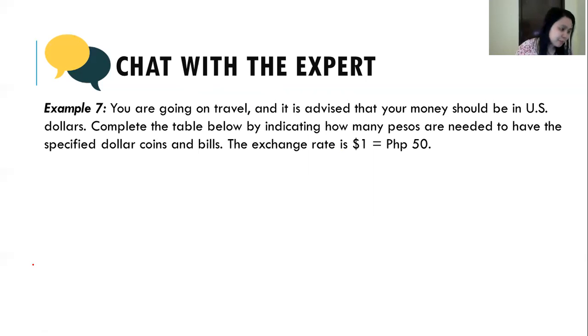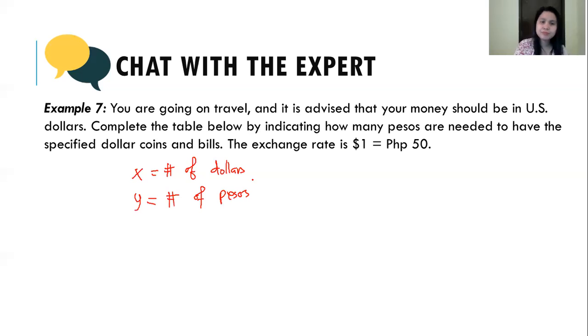So for example, we say that x will be the number of dollars and y will be the number of pesos. Remember that the exchange rate is $1 is equal to 50 pesos.